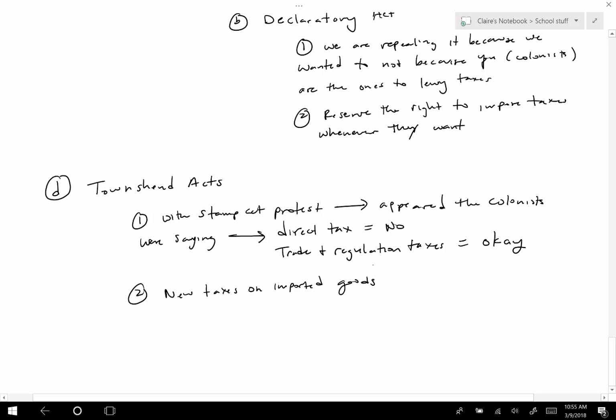And this was, not that it matters, glass, paint, oil, lead, paper, tea. These were some of the goods.